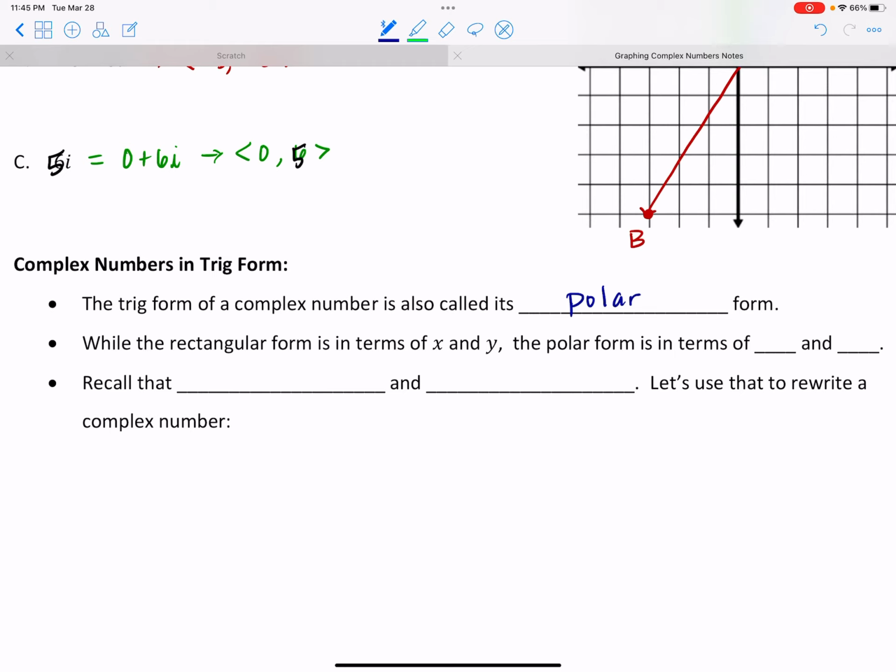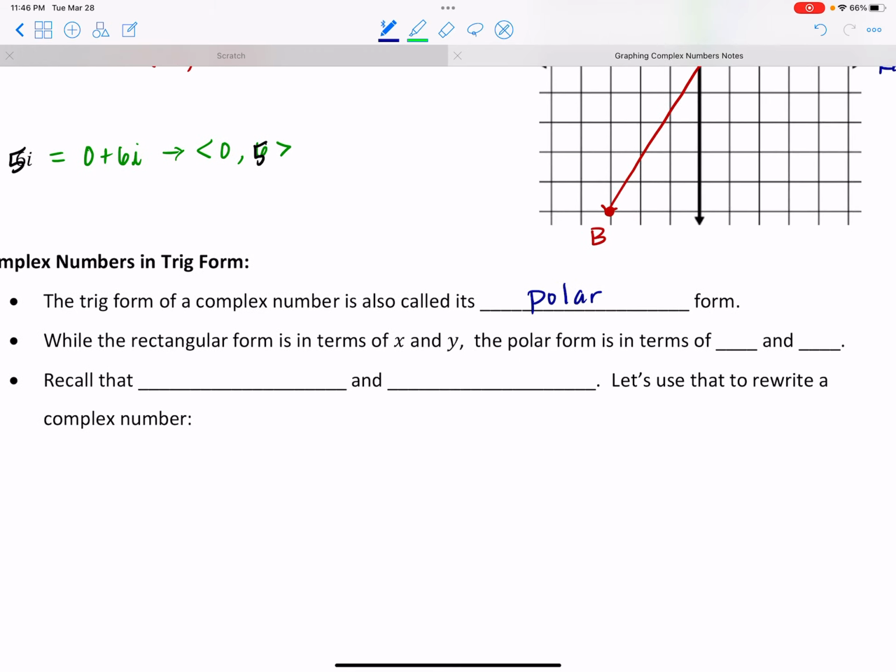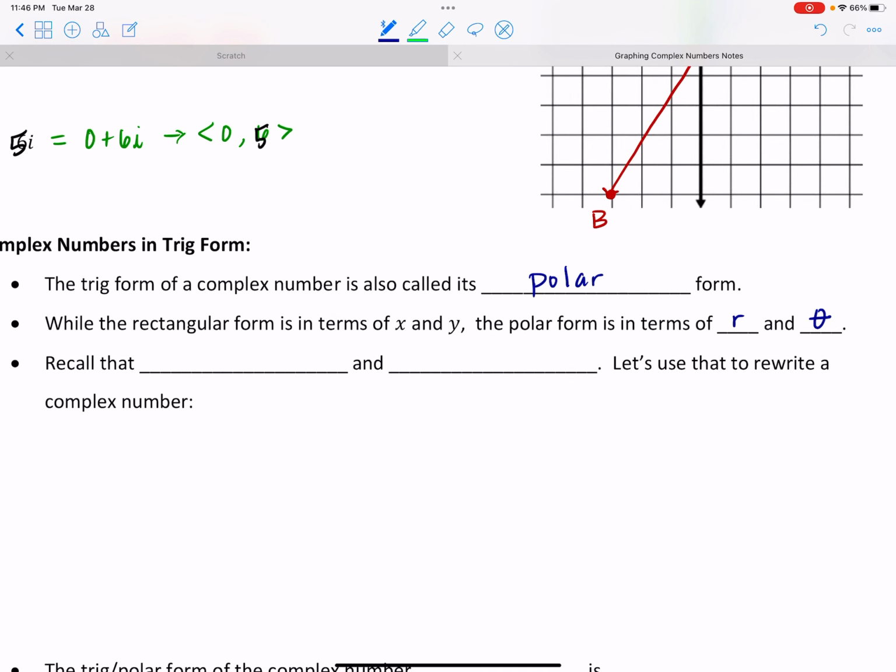Now in a polar form, remember polar coordinate system, our points are all in terms of radius and angles and thetas. So that's what we want here. The polar form for our complex number is going to be in terms of some radius length and some theta. So to make the connection here, we got to remember how x relates to r and theta, how y relates to r and theta.